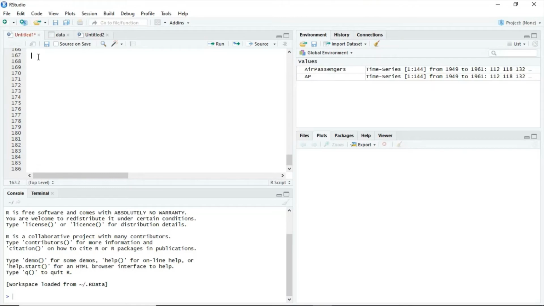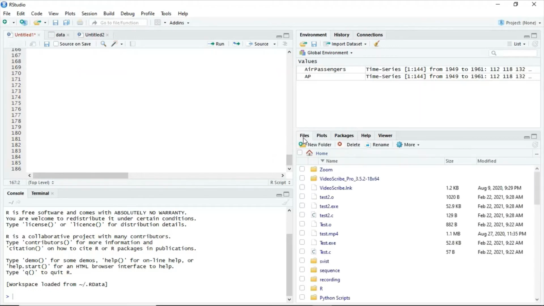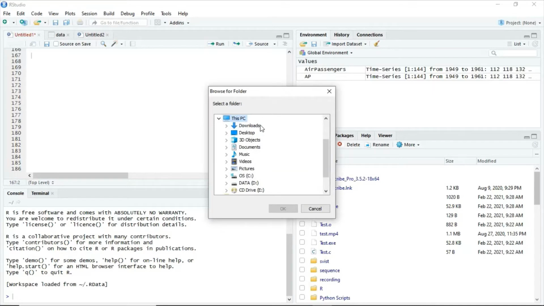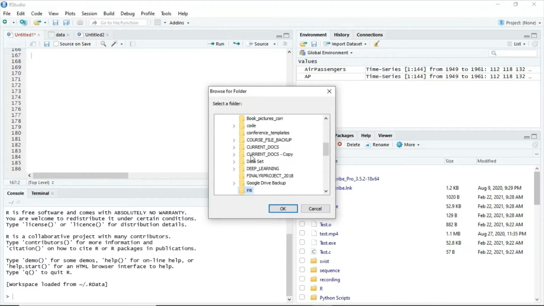So this is our RStudio, and in RStudio, first we have to remember which data set we are working on. To find the data set, we go to Files, and if the data set is not available, we go to these three dots and find the location where I have my data set.